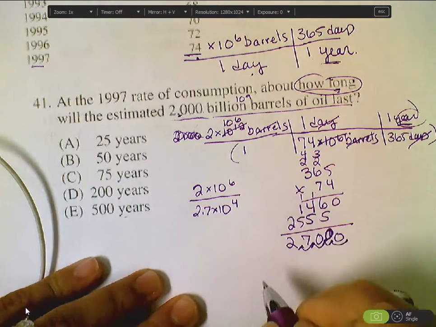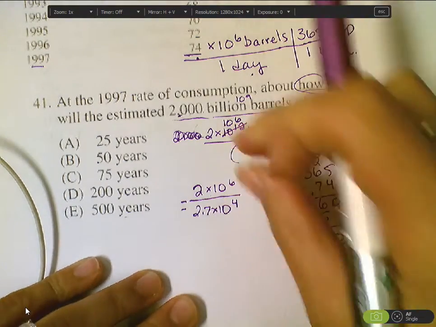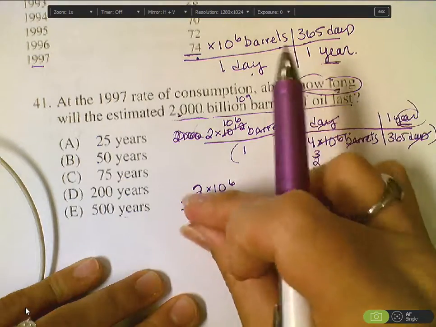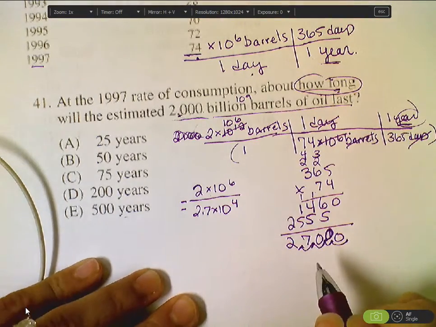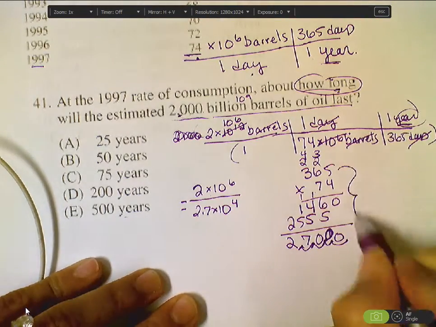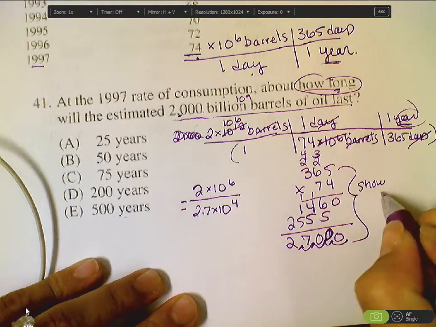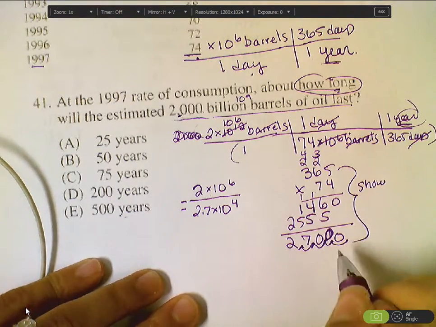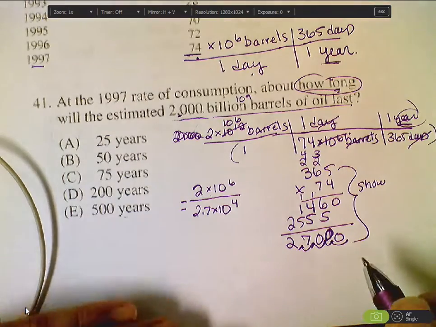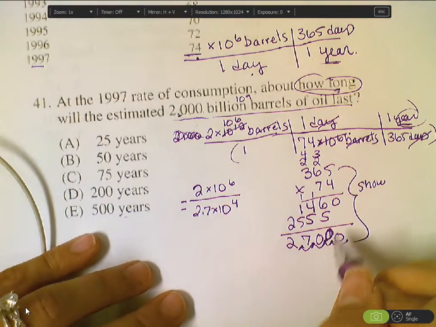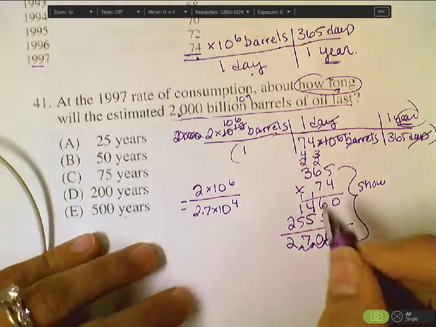So all of this big chunk up here now equals this. If this was an FRQ, they'd want you to show your actual calculations on the lines. This is obviously not an FRQ, this is multiple choice, so you'll probably be doodling all over your book, but that's totally fine.